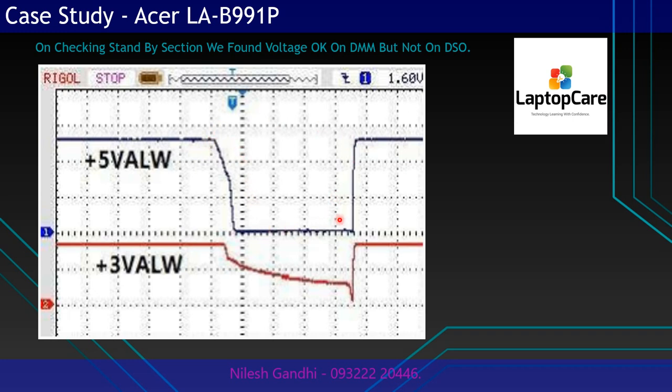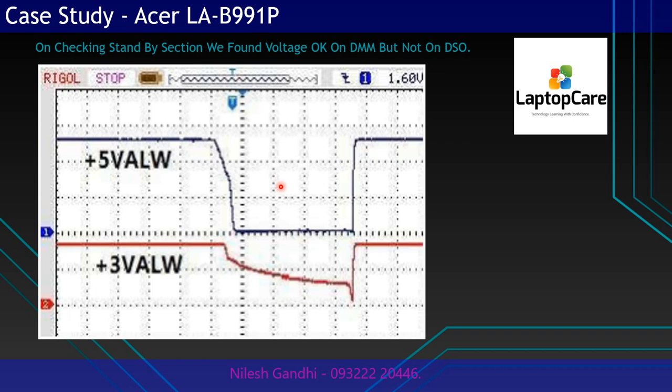This waveform is not correct, and because of 5 volt always, 3 volt always is also giving a glitch. So it's not a constant DC line on the DSO, and this is not correct. There is a problem somewhere because the waveform is broken.